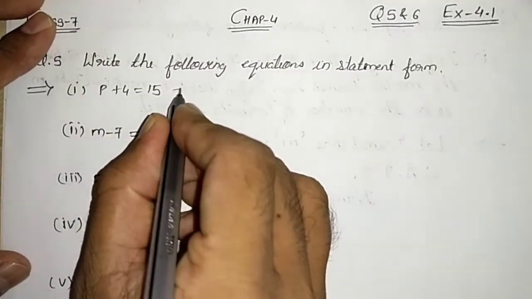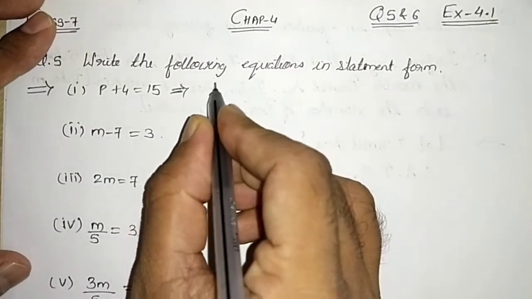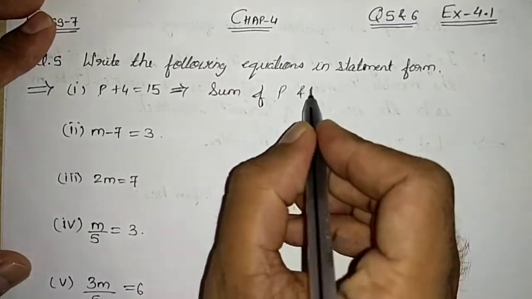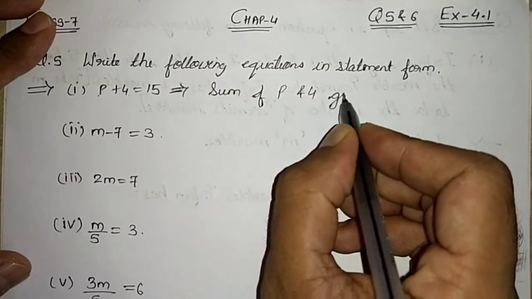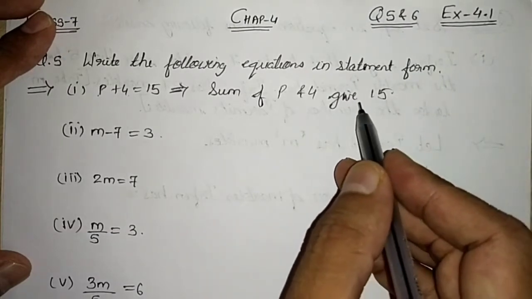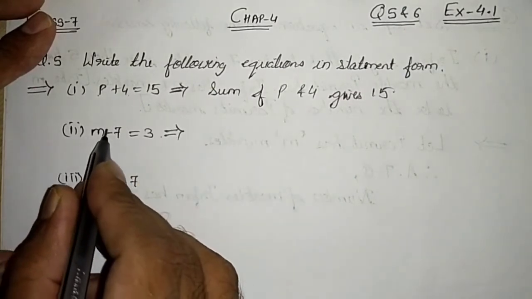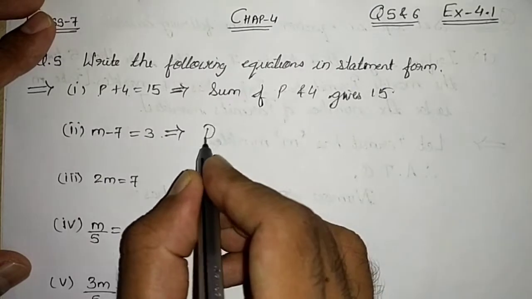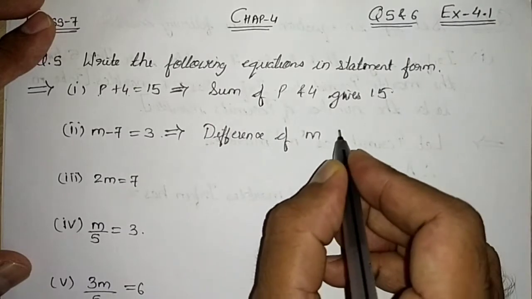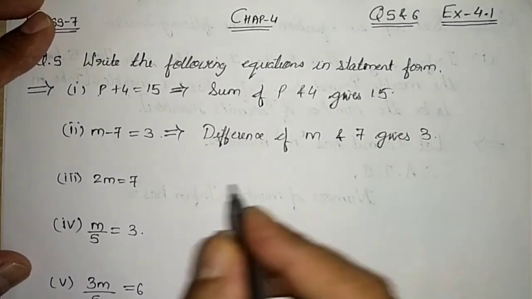So how to convert? It is very easy. Here you see plus, so we will write sum of P and 4 gives, you can also write is, 15. Next, here you can see minus, so we will write difference of m and 7 gives 3.